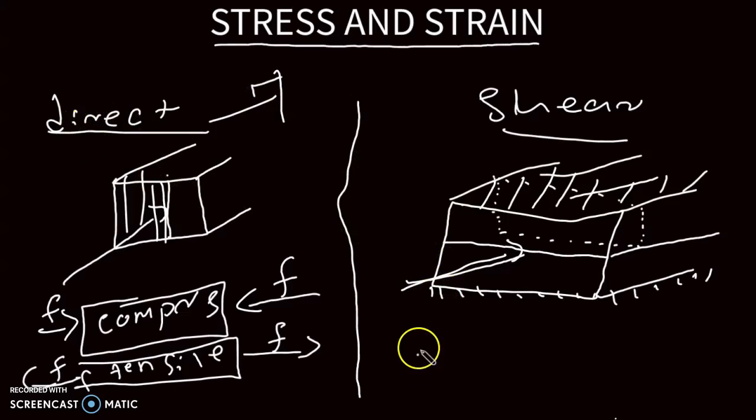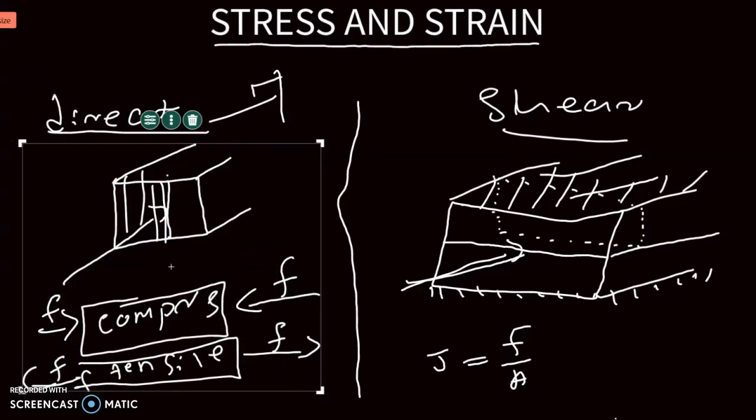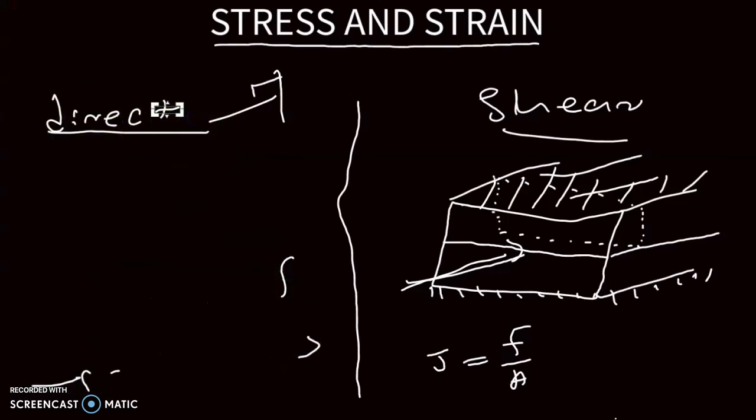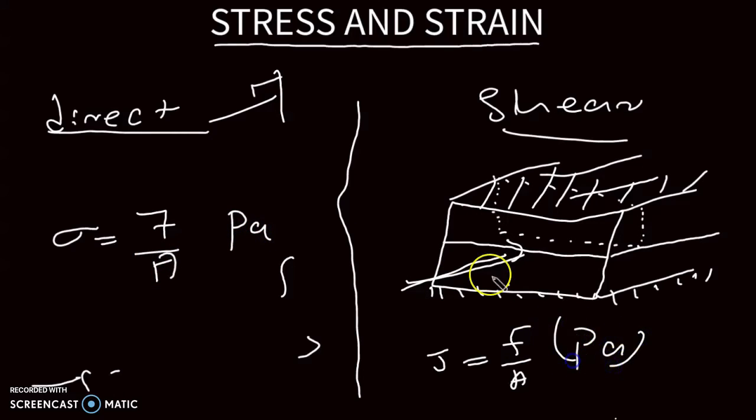So they are both given by the formula, which is force divided by area. But now, for shear stress, we're going to represent it as tau. Yeah, this symbol. For direct stress, sigma, we are going to represent it by this symbol. And the formula is still the same. SI unit is also Pascal. And here it's also Pascal.